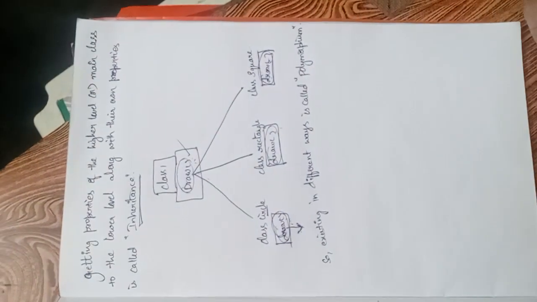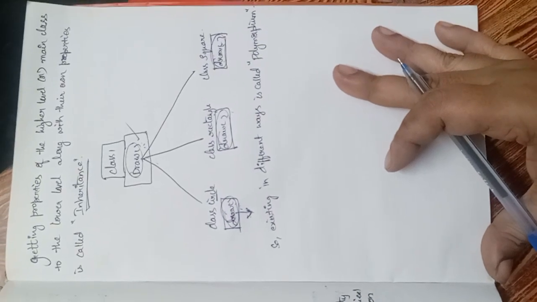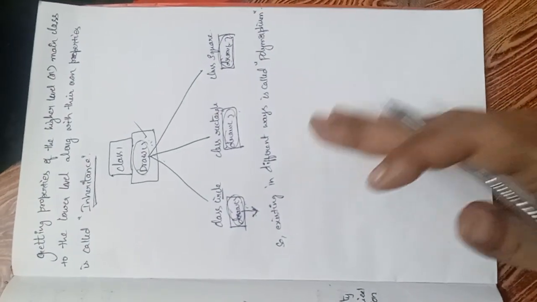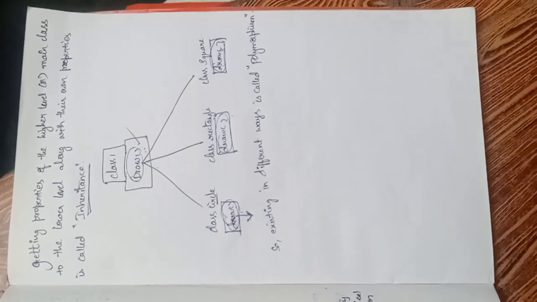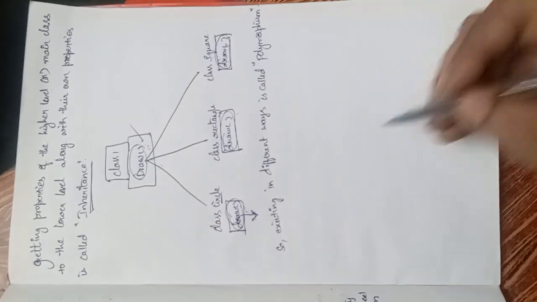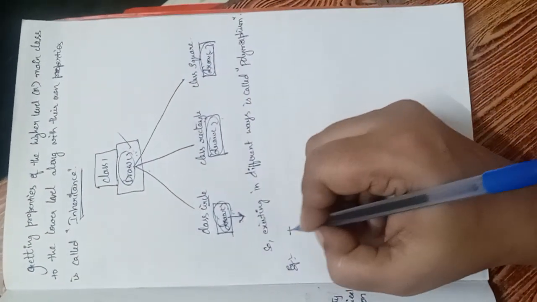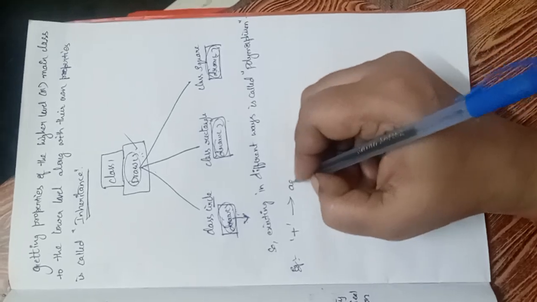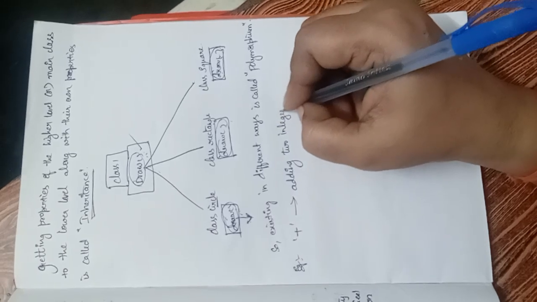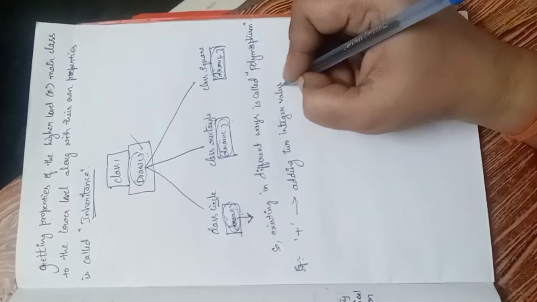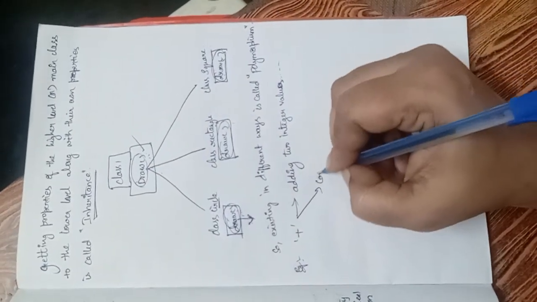Poly means many. In maths you can see polynomials, which can have unlimited terms. Similarly, one more example is the plus symbol. It is used for adding two integer values and also used for concatenation.